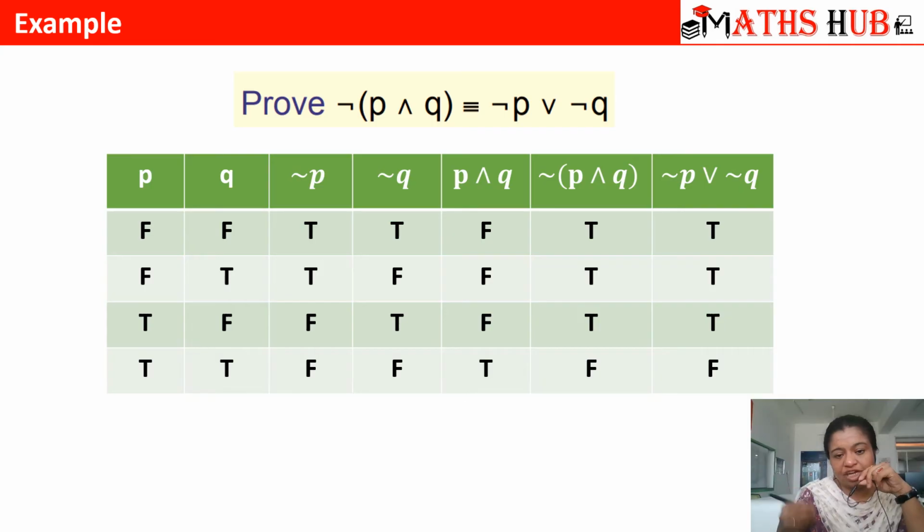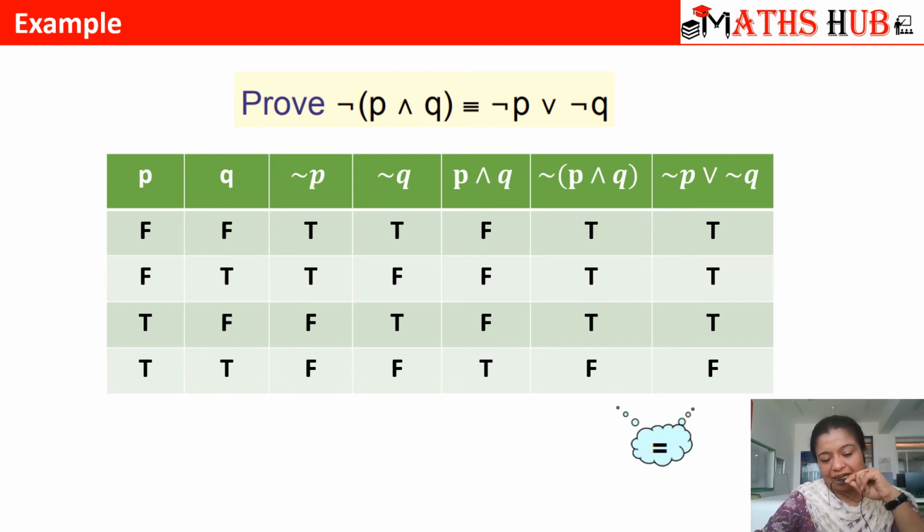Without checking this table, you can draw your own truth tables and cross verify whether you are getting the same truth values or not, right? Once you have prepared the truth tables, you can easily check the last two columns. The last two columns are our required results. And you can see that both the columns are giving you the same truth values irrespective of whatever input you took, right? So these two statements are logically equivalent, right?